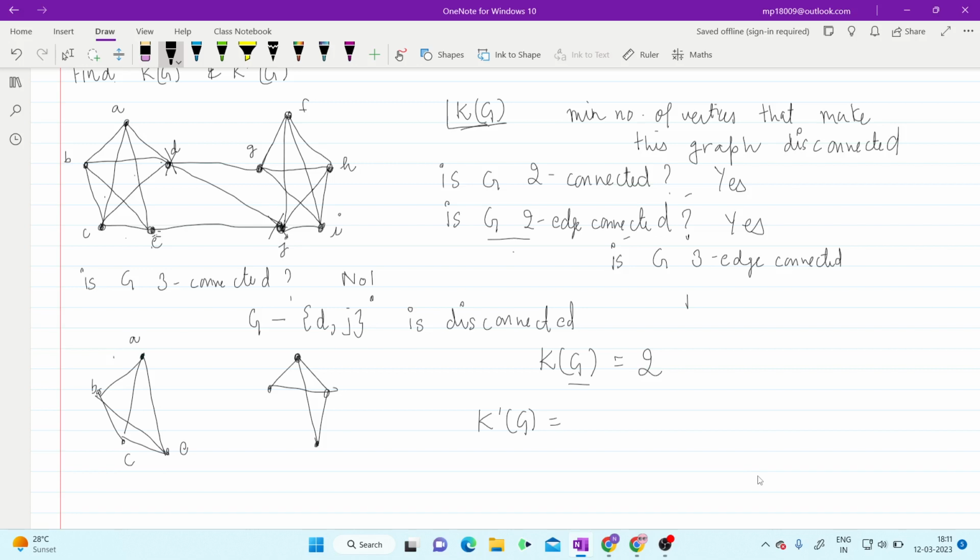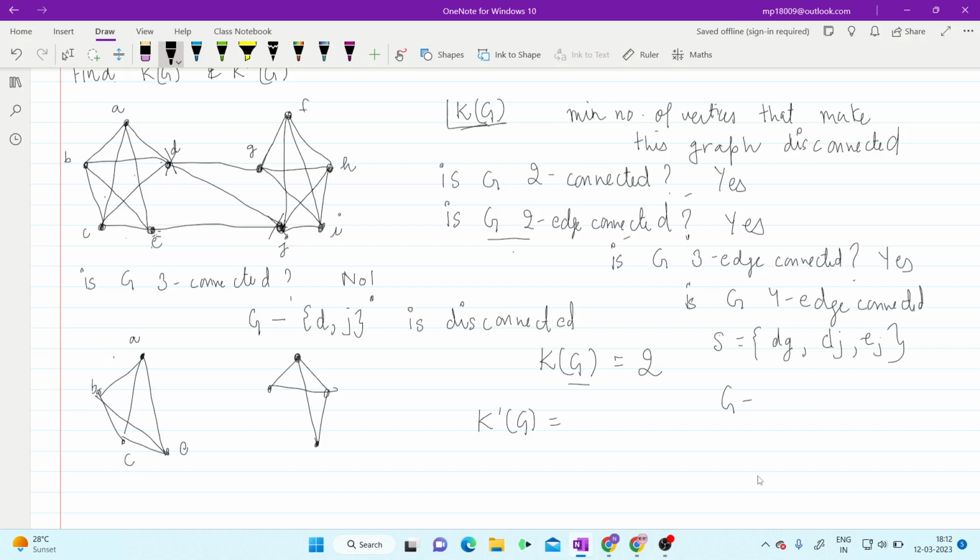But is G four edge connected? No, it is not four edge connected, because on removal of three edges, the graph becomes disconnected. What are those three edges? That is DJ and EJ and the third one.